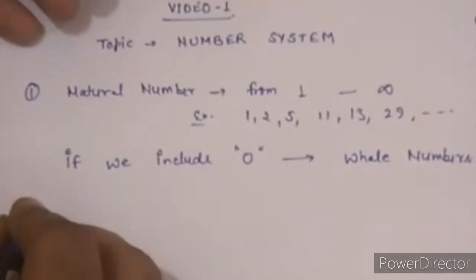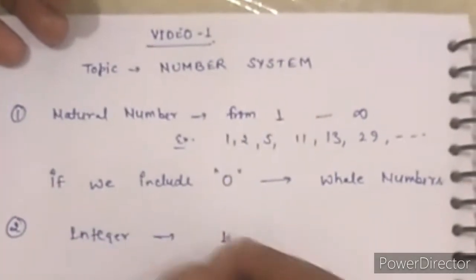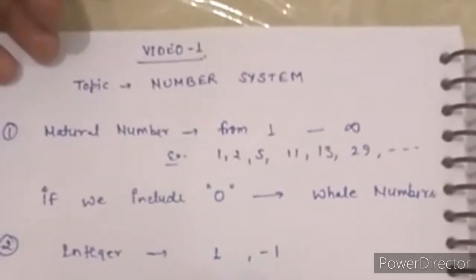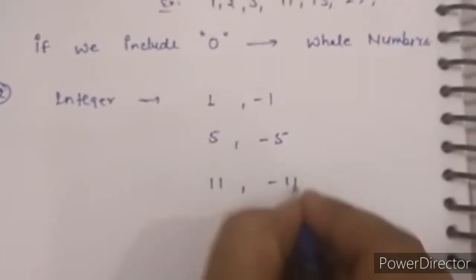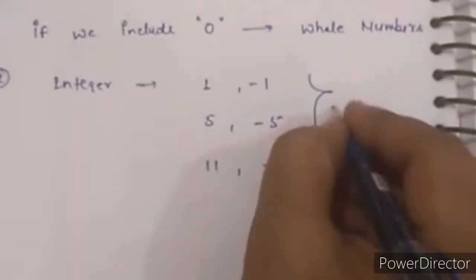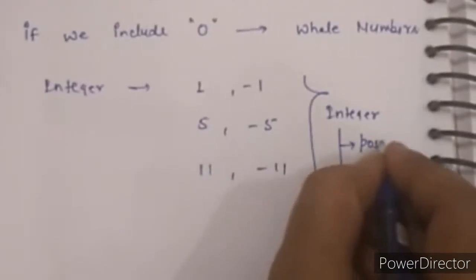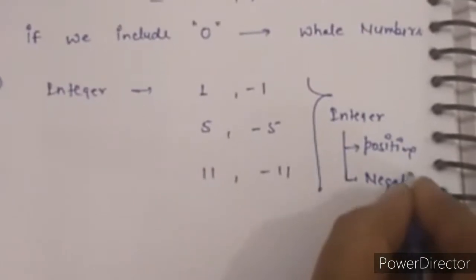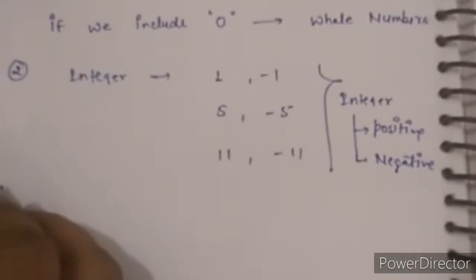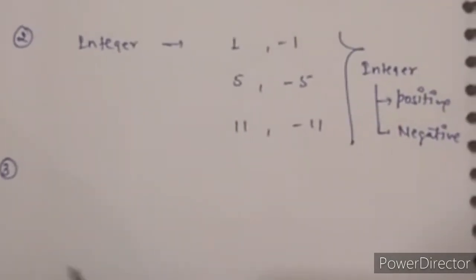If I say 1 or minus 1, 5 or minus 5, 11 or minus 11, all these are integers. An integer can be positive or negative.